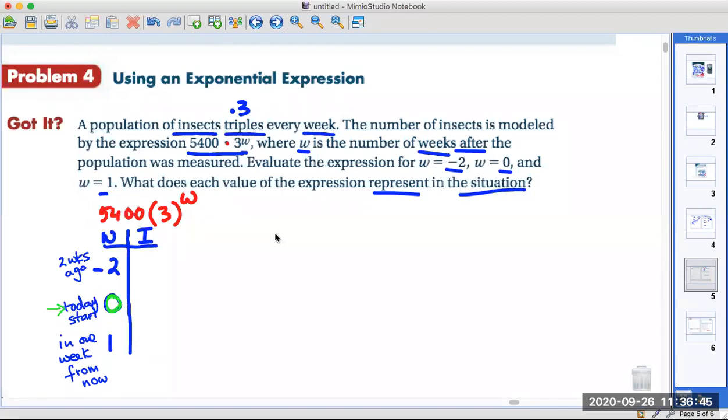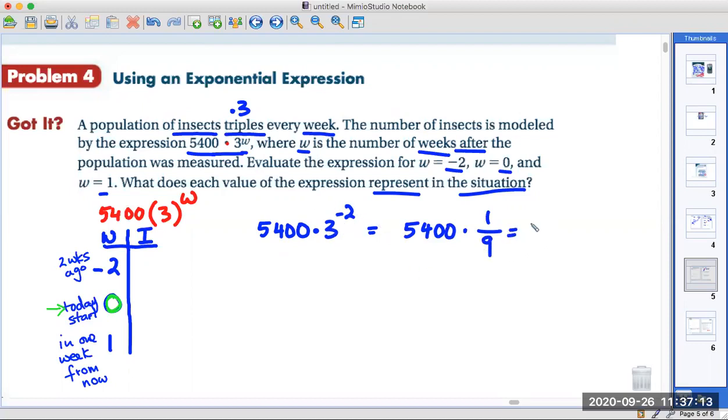So I'm taking the rule and on my calculator, 5,400 times 3, W is -2. So I'm plugging that in for W. And remember, the power comes first, and that would mean it's 5,400 times 1 over 3 squared, which is 9, because I'm making my negative exponent positive.